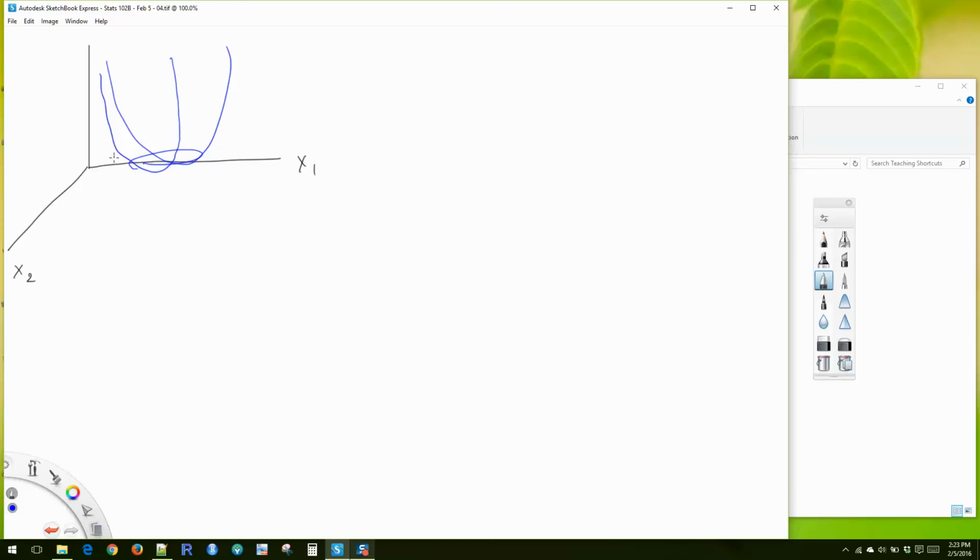Just imagine we've got some kind of bowl, a function of two dimensions, x1 and x2. Let me just turn this into a contour plot.